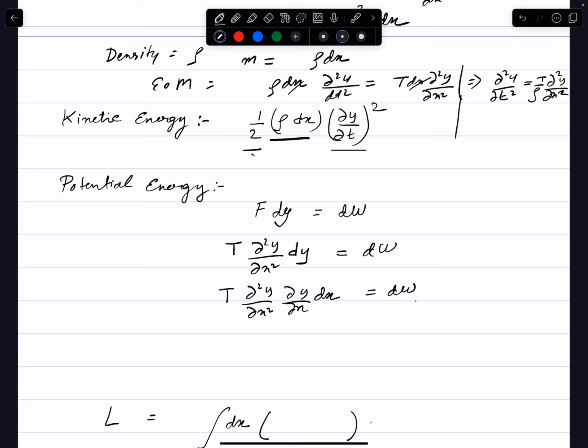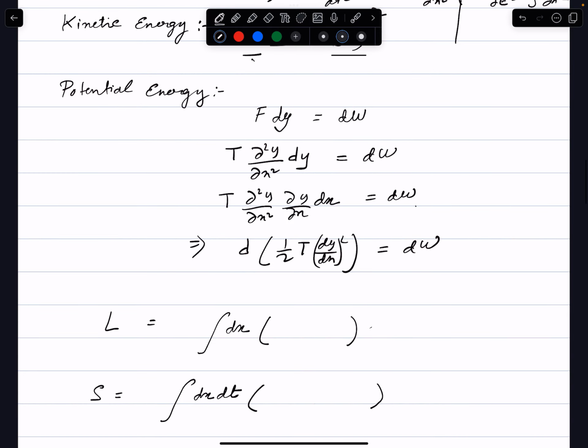This is dW, and you can check this is actually d of half T del y del x whole square is equal to dW. Why? Because if I take d inside, I will get d of half T goes outside, dy dx square.